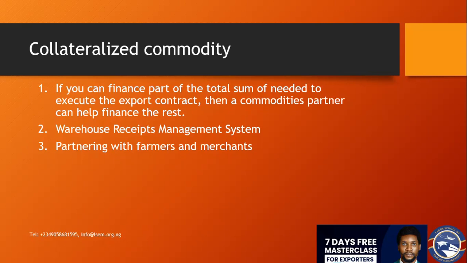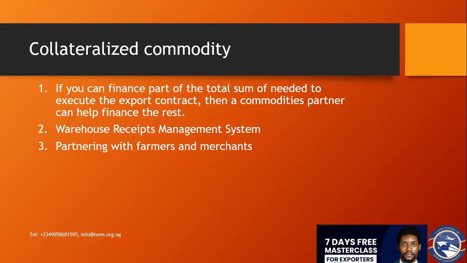So, your bank can also provide you with blocked funds, with a letter of good standing that you can use to also convince these merchants or these farmers not to worry, your money is coming once we get paid.